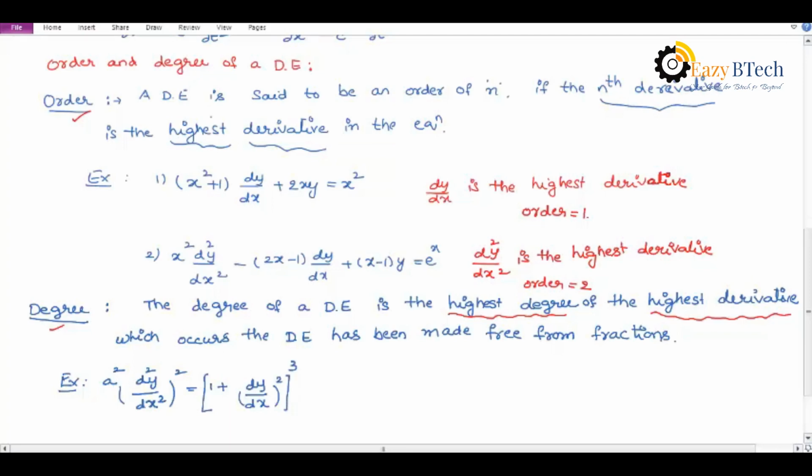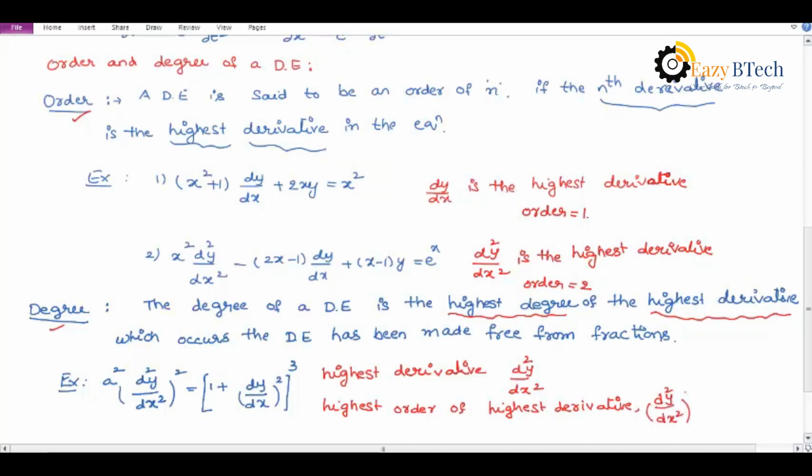So observe in this differential equation, the highest derivative is d square y by dx square, and its order is nothing but 2 here.